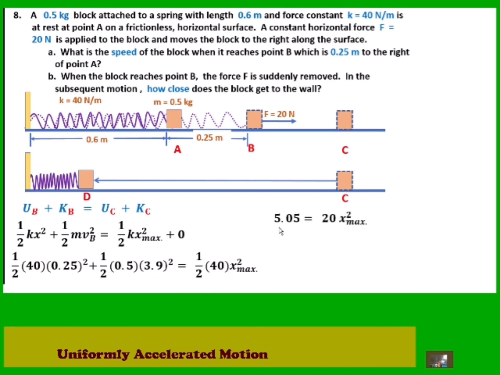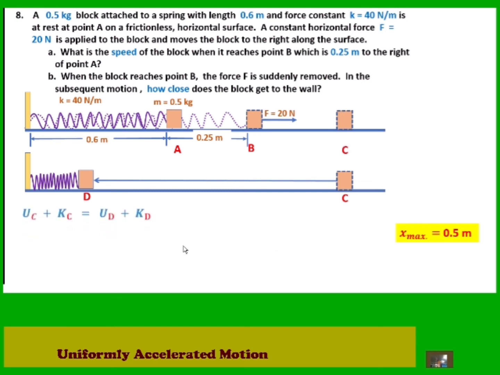So simplify and combine. Solve for x. Divide and extract the square root on both sides. The maximum value of x is 0.5 meter. So the maximum value of x, that is from point A to point C, is 0.5 meter.